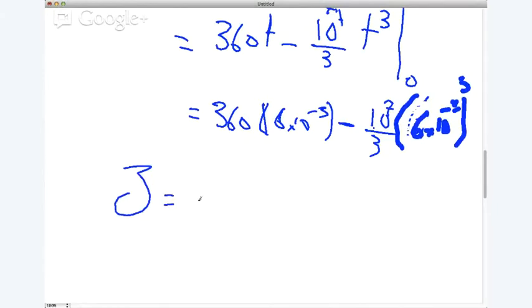So J equals 1.44 kilograms meters per second, because change in momentum will have the units of momentum, which is mass in kilograms and meters per second for velocity.